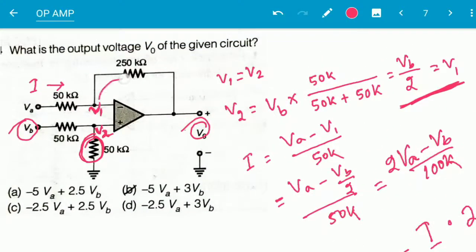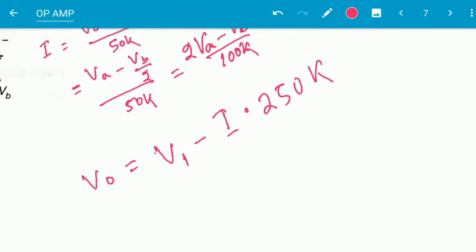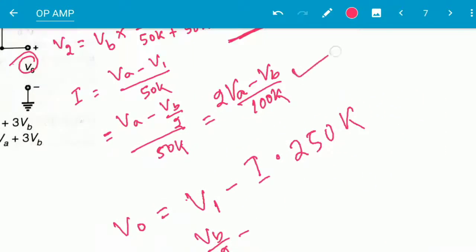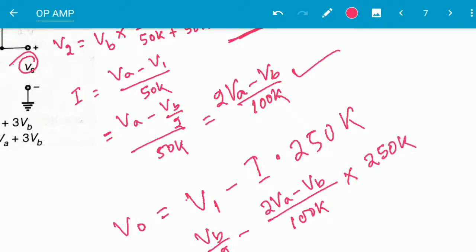V1 minus 250k times I, since current is flowing in this direction, so it is negative. V1 is VB by 2 minus I, and here is the I value, 2VA minus VB by 100k, into 250k.